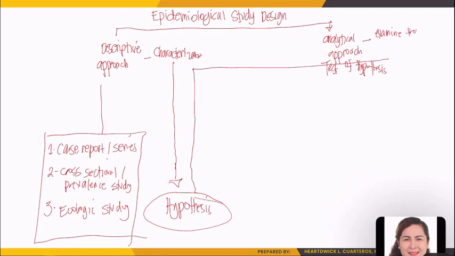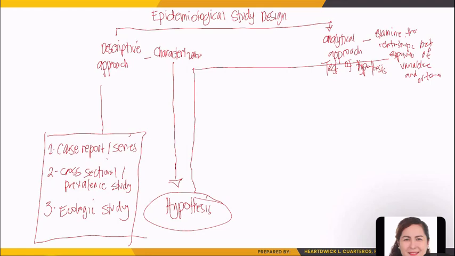the relationships between exposure variables and outcomes.